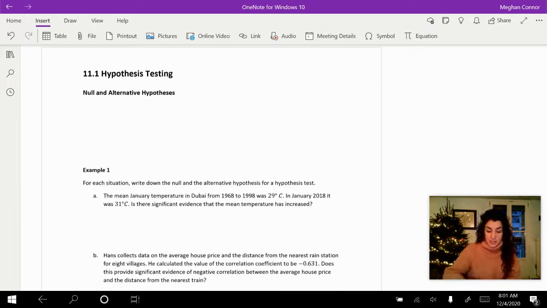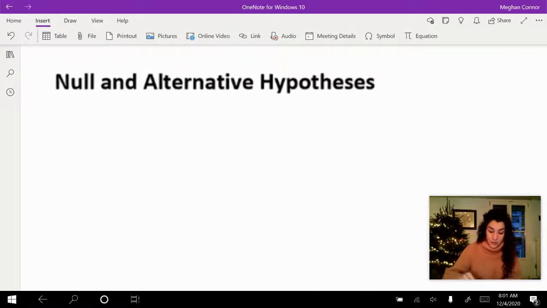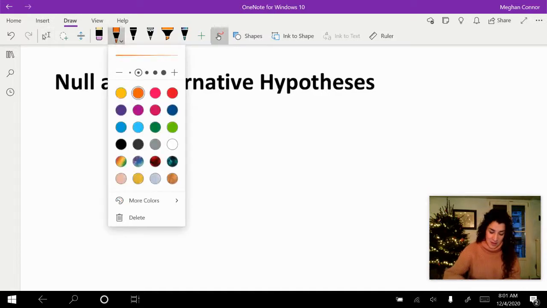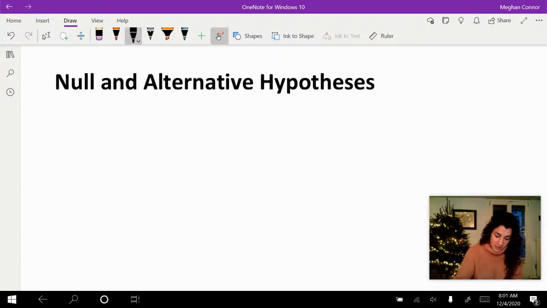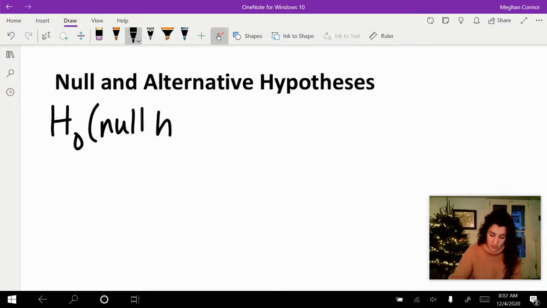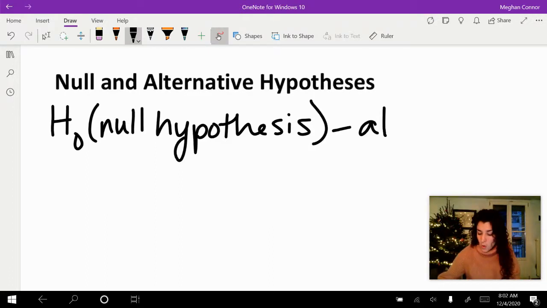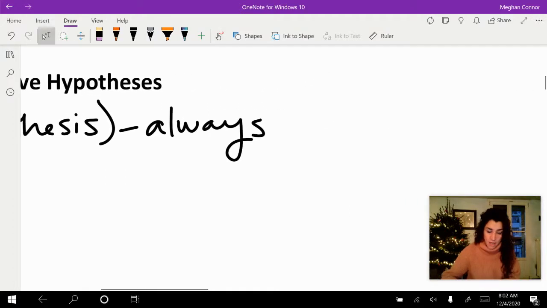So we have something that's called the null and alternative hypothesis. The null hypothesis is written as H sub 0. Your null hypothesis is always assumed to be true.